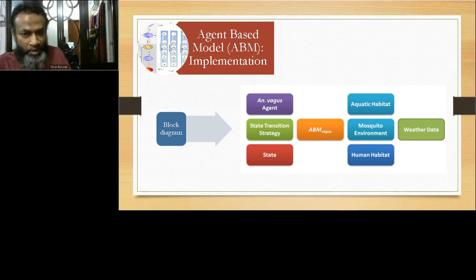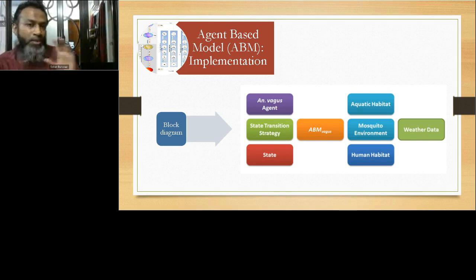And there will be a state transition strategy as well, and using that strategy, the mosquitoes will interact with the environment, and continue to live and die, and while doing so, will bite a human, and when it bites a human, we expect that it will transfer the disease to the human.